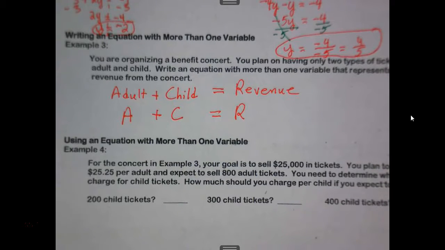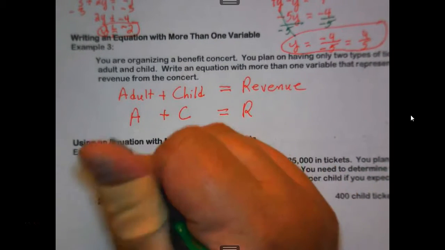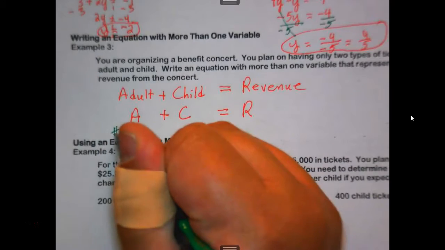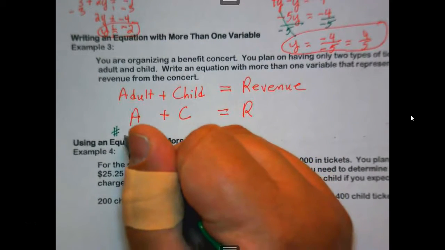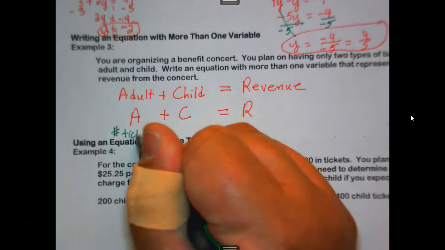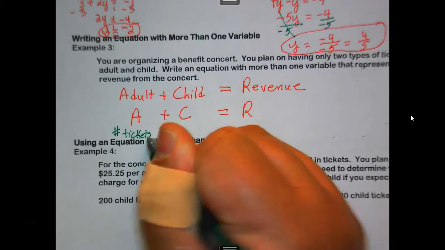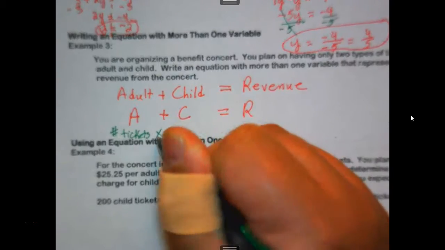Remember, was it yesterday or maybe even last week where they had that little insert where it said to figure out the cost? It was the number of tickets, or the number of whatever it is, times the cost of that.